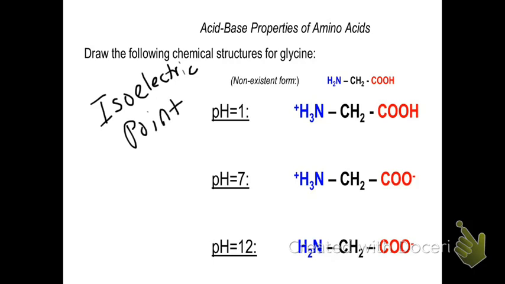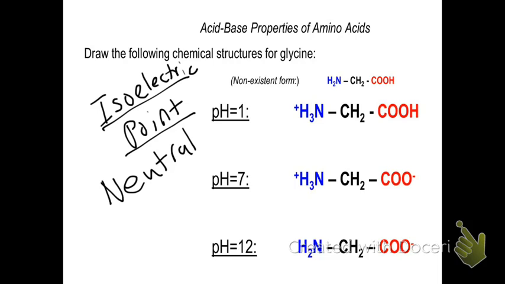The isoelectric point of an amino acid is where we have a Zwitterion, and the Zwitterion has the positive nitrogen and the negative oxygen, which essentially makes the overall charge neutral. So the amino acid is considered to be neutral at the isoelectric point of an amino acid.